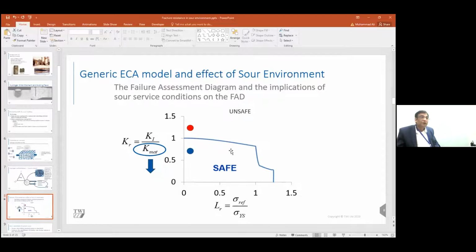So this is the fundamental principle when we assess fracture safety of a component. And my main work here is based on an experimental technique which is used to determine the fracture toughness parameter, which is one of the most important parameters to assess safety using this procedure.